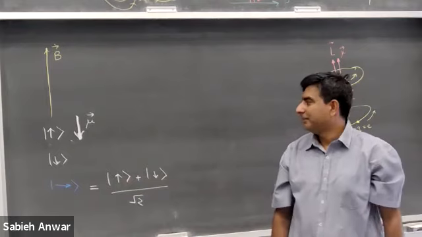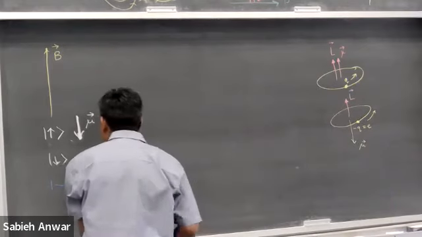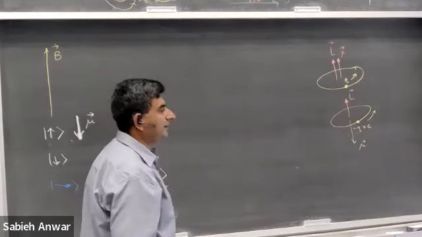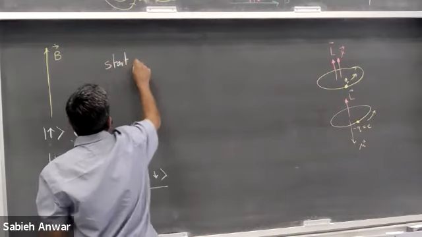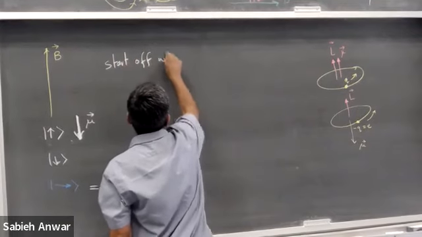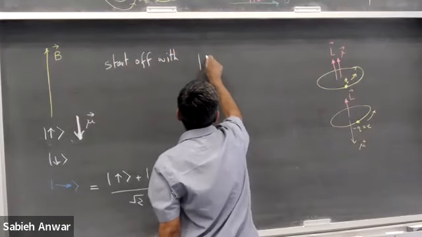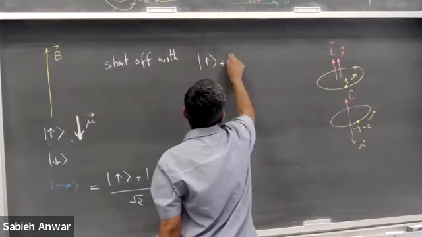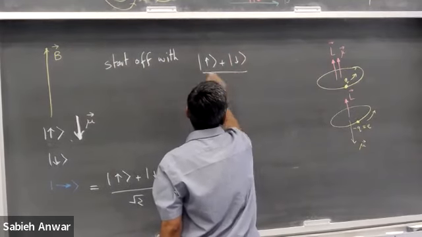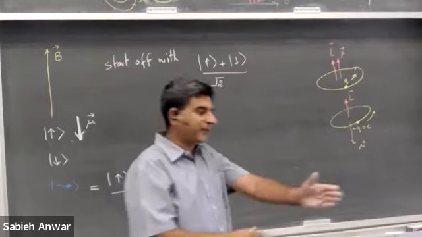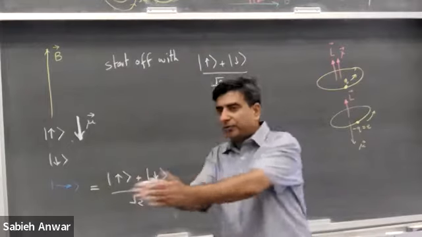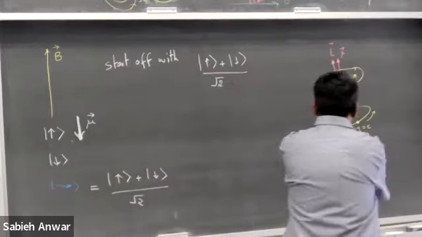So I start off with ket up plus ket down. I'm going to precess. I'm going to rotate. I'm going to change the wave function.